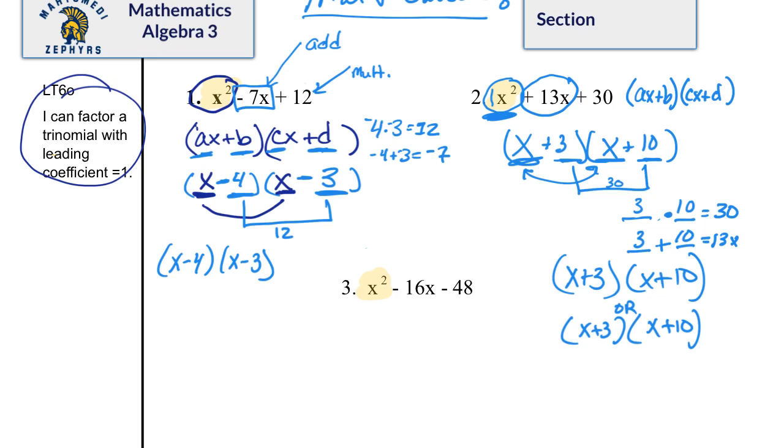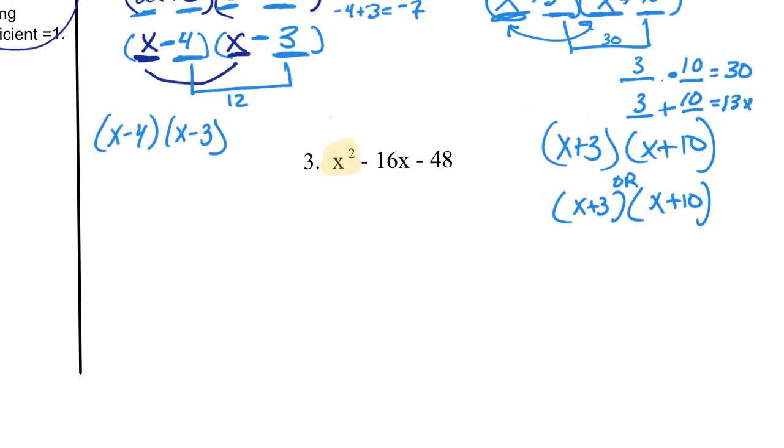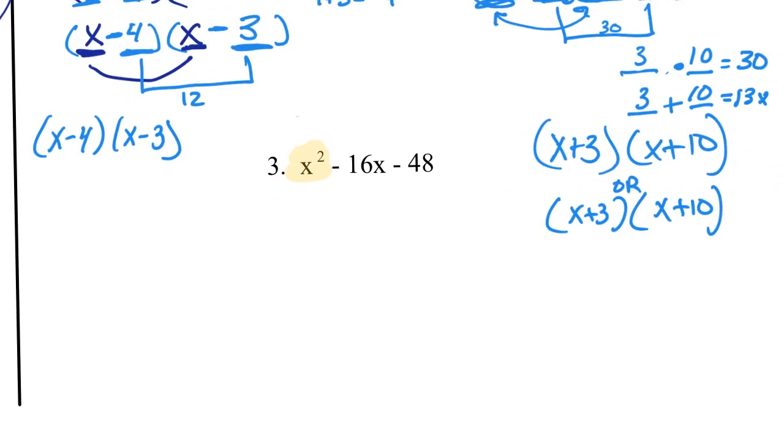All right. Let's take a look at the last example here. Now I'm going to make a change here. Math alarm, I'm going to make a change. This is going to be plus 48. Now again, as I look at this problem, the first number is 1. Leading coefficient is 1.